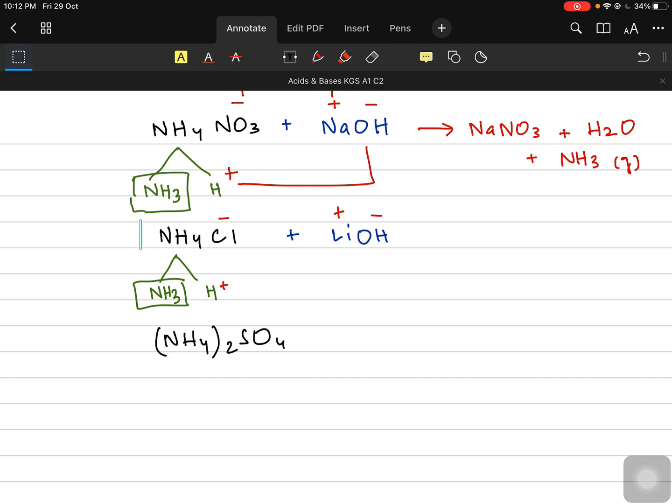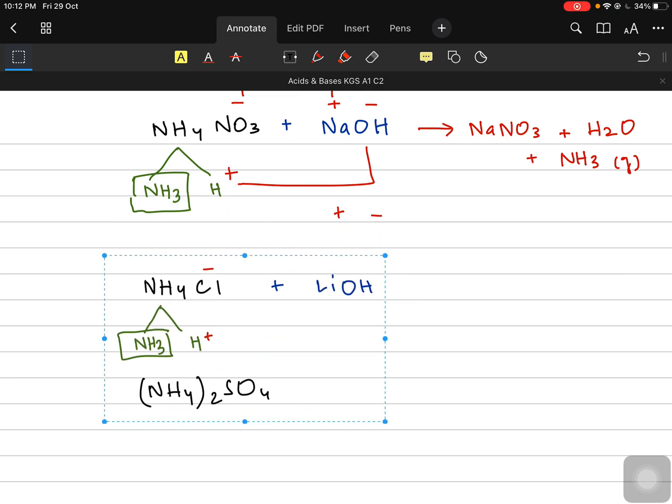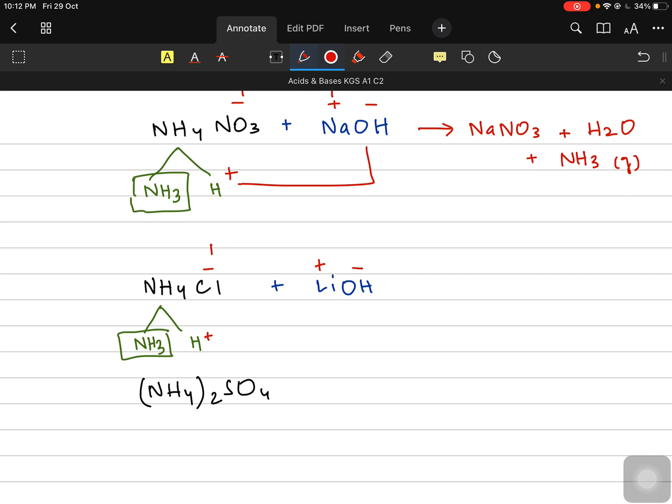The Li goes with the Cl because again it's a partner exchange thing. It becomes LiCl. The OH goes with the H and gives you water. The last thing is the ammonia gas. So you release ammonia gas in this case.